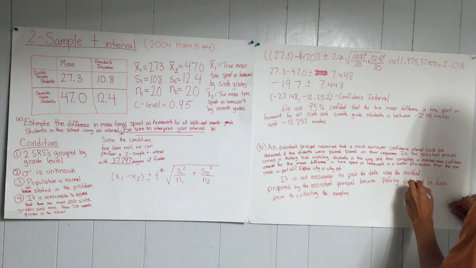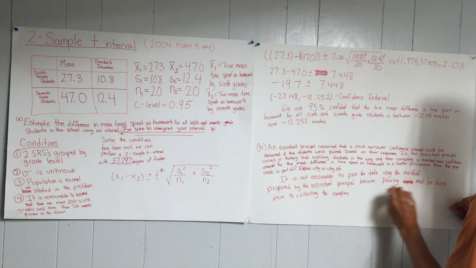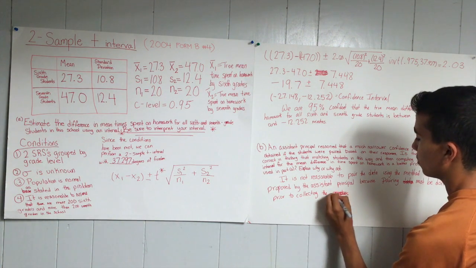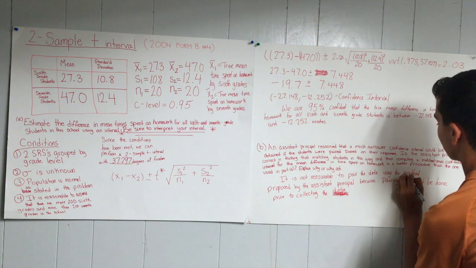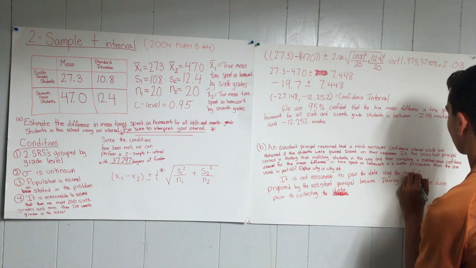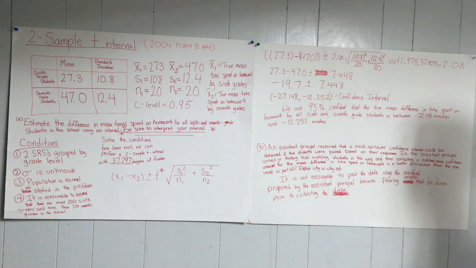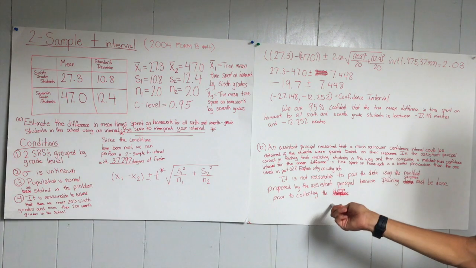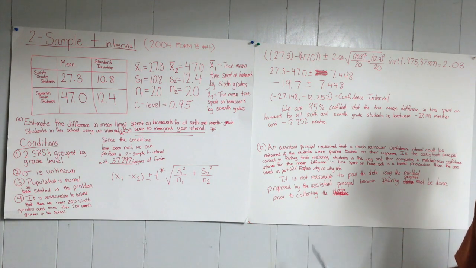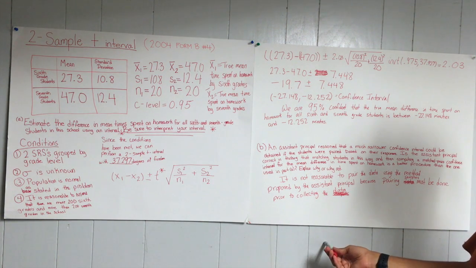Oh, pairing. Hold on. This should be samples. Alright. If you do all of this for this question, you should be able to get all 4 points on the AP scoring.